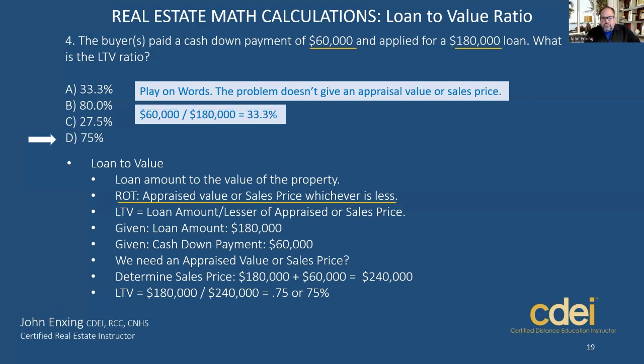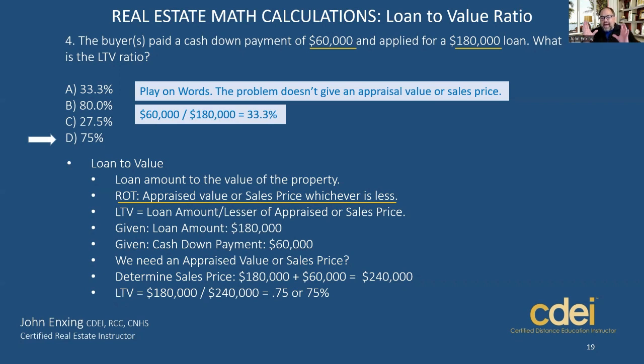Okay. Interesting enough, if I do 60,000 divided by 180, see, we tend to gravitate to numbers and we don't see another calculation in this. That's why you have to understand the theory behind LTV, that it's the loan amount divided by the sales price or appraised value, whichever is less.